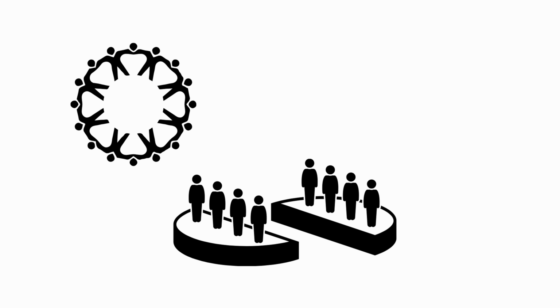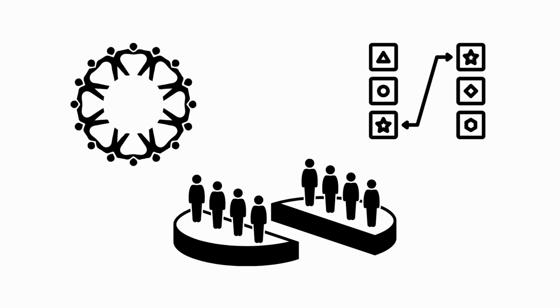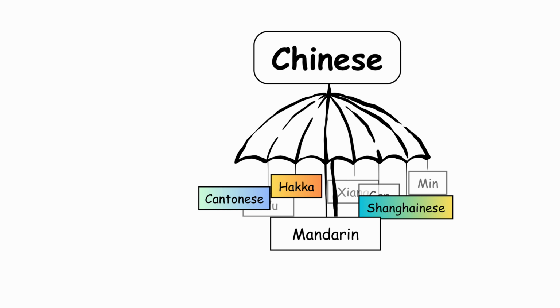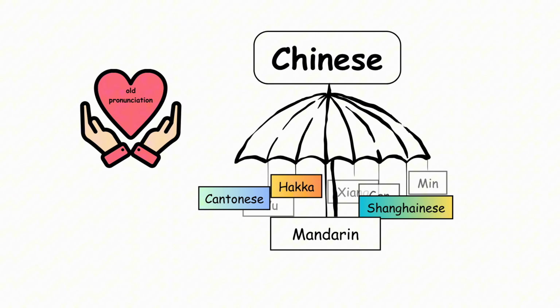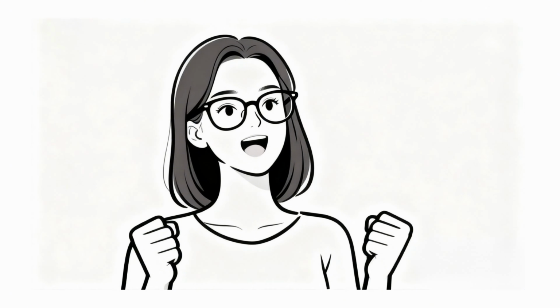But as the language evolved, the pronunciation of some characters like 可 changed, while others like 和 didn't. That's why they don't always match perfectly today. But what is really interesting is that in some original dialects, the old pronunciations are still preserved. Pretty cool, right?